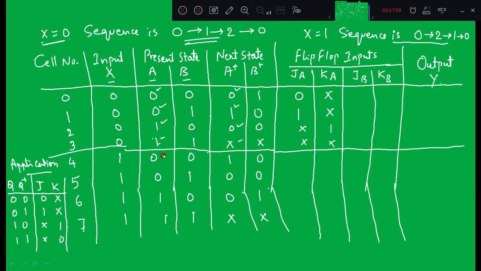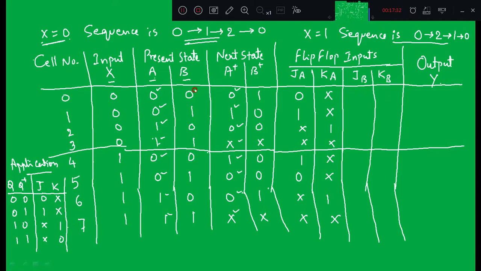Similarly, for x is equal to 1, A is 0, A plus is 1, 0 1 is 1 don't care, 0 0 is 0 don't care. Next, 1 0 is don't care 1, and for 1 don't care, there is no input combination called 1 don't care, so we'll put a don't care for J and K, right?